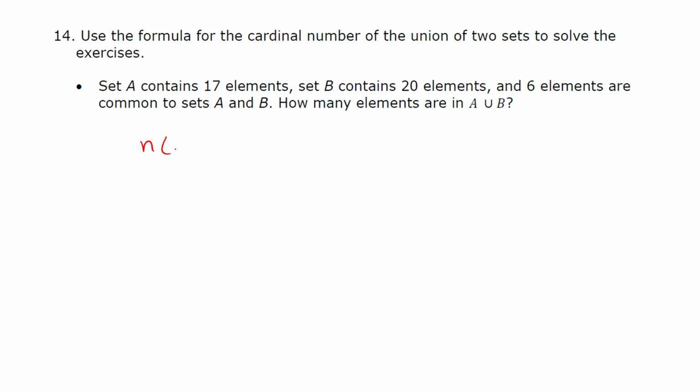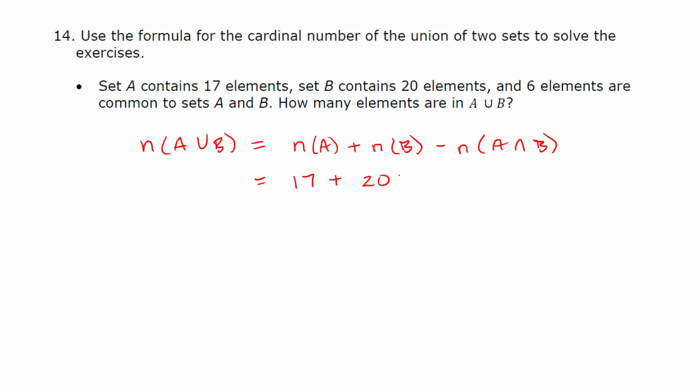So we have the number of elements in the union of A and B. That's what we're looking for. And that will equal the number of elements in A plus the number of elements in B minus the number of elements in the intersection of A and B. The number of elements in set A is 17, set B is 20, and they both have 6 elements in common.